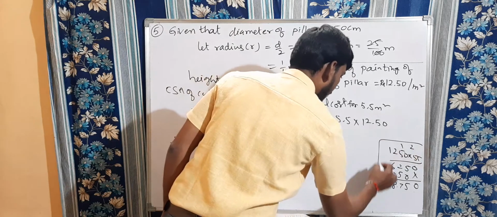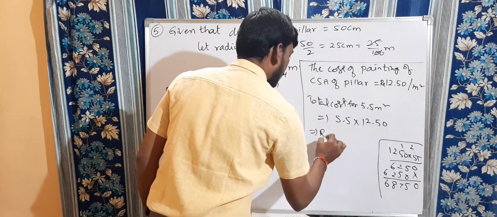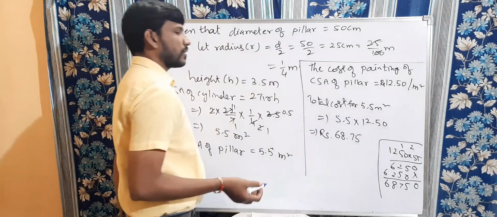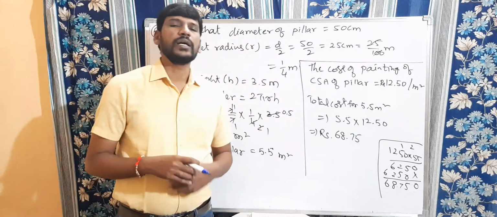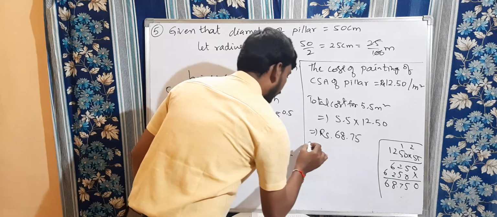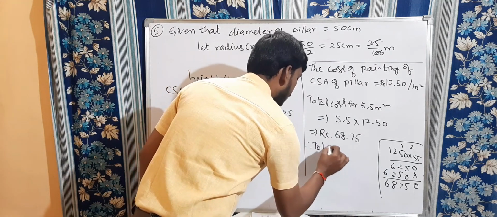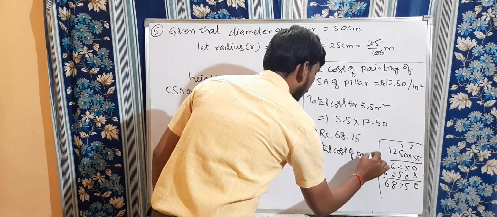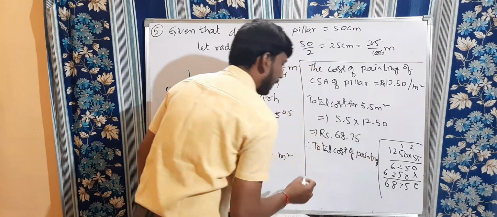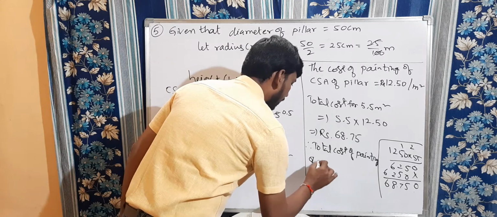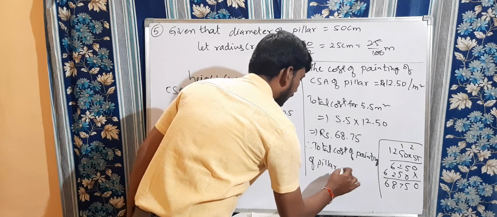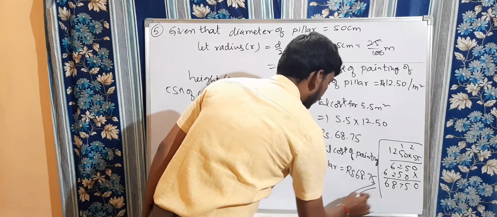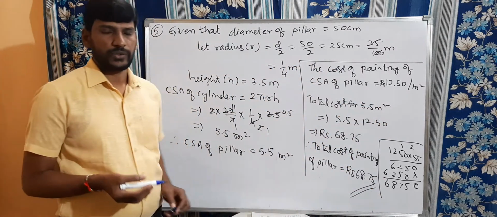So when we multiply these two, you will get the total cost as rupees 68.75. So that is the total cost for painting of the pillar. So therefore total cost of painting of the pillar is equal to rupees 68.75. That is the solution.